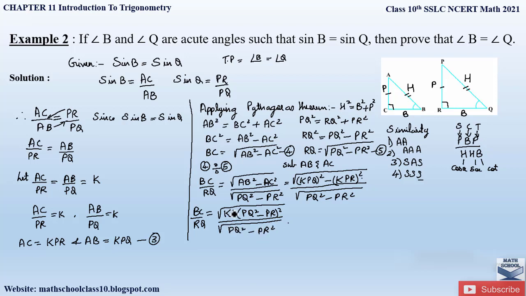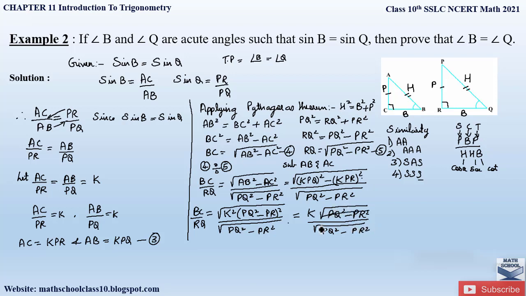Now this K square can be taken out of the root term since there is a pairing of K, right? So this K comes out and we will be left with square root of PQ square minus PR square.